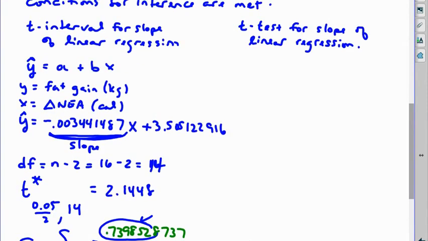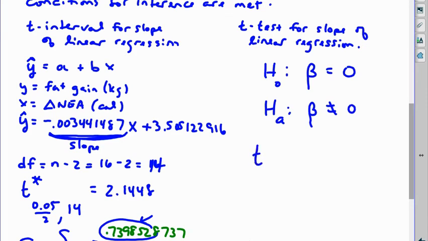So now for the t-test for the slope of the linear regression, if our null hypothesis is that there's no linear relationship, so beta is equal to 0, and we're testing for evidence of the alternative hypothesis where beta is not equal to 0. So our slope minus our hypothesized value over our standard error of our slope. Thankfully, we've already got that number.